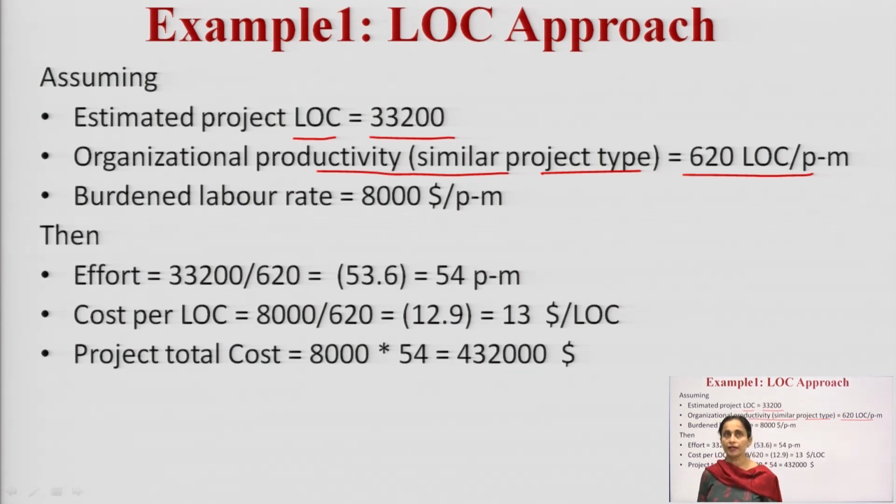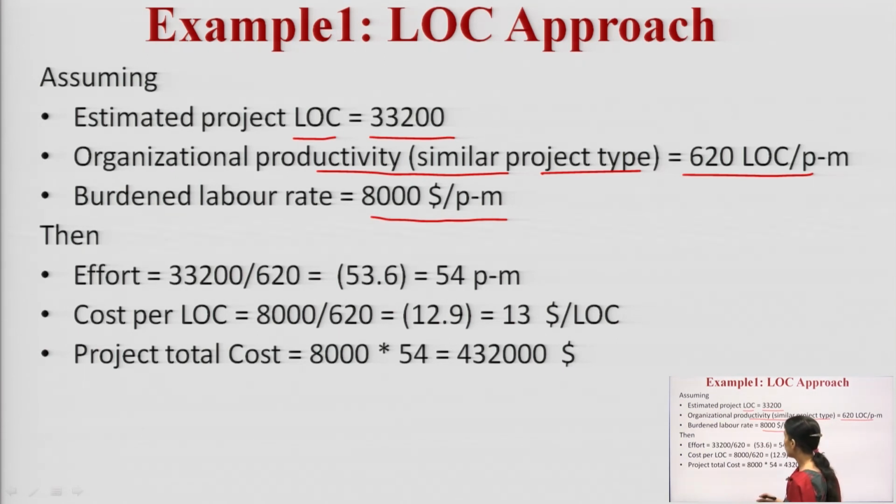Then the burdened labor rate is also given to me, $8,000 per person month. Then I need to calculate the effort, the cost per LOC and then I have to calculate the total cost of my project.